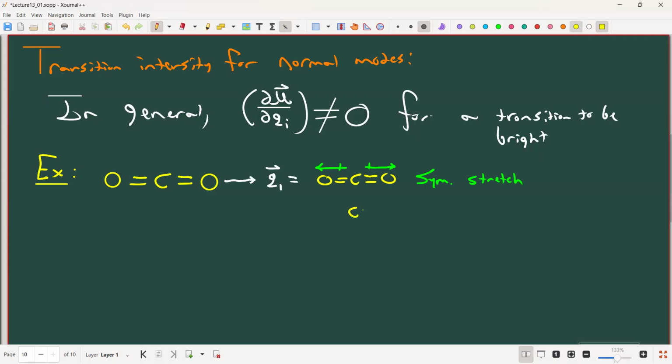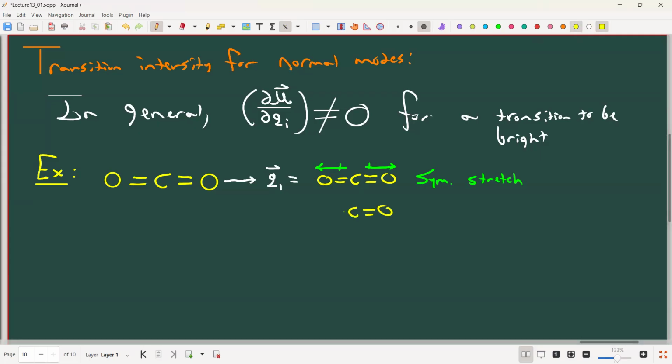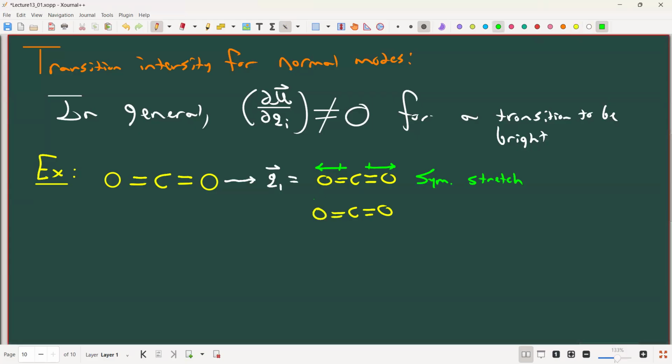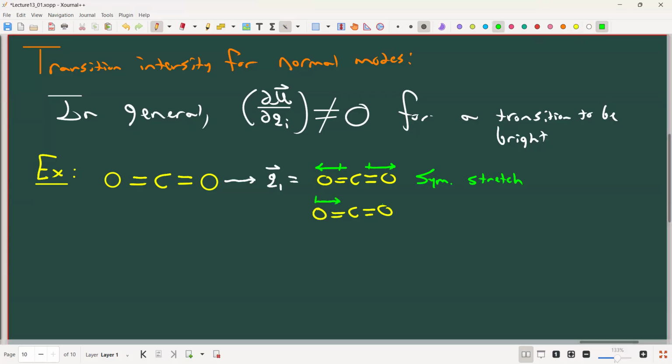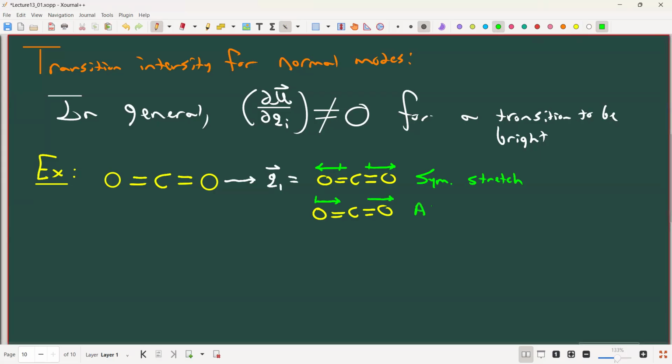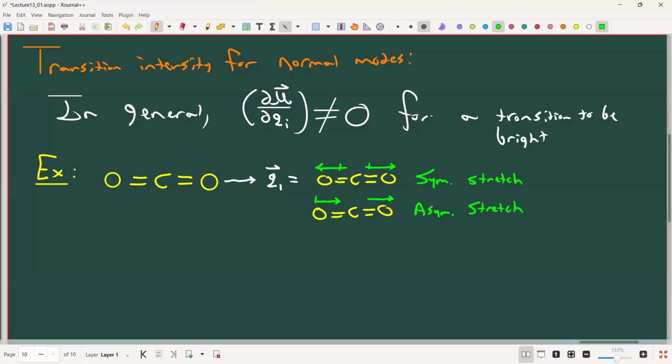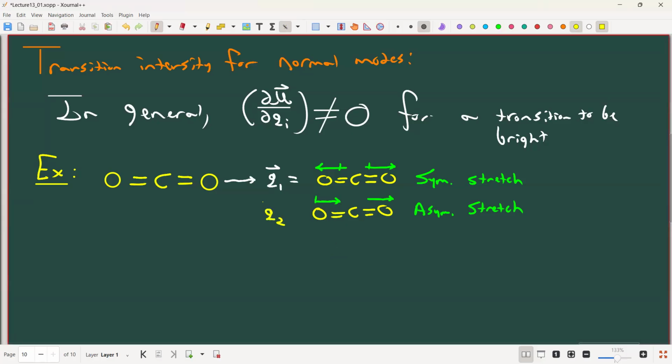There is the asymmetric stretch, where one atom comes in and the other one goes out. And there are 2 bends, which are equal to each other. They're degenerate, and we'll see why in just a second.